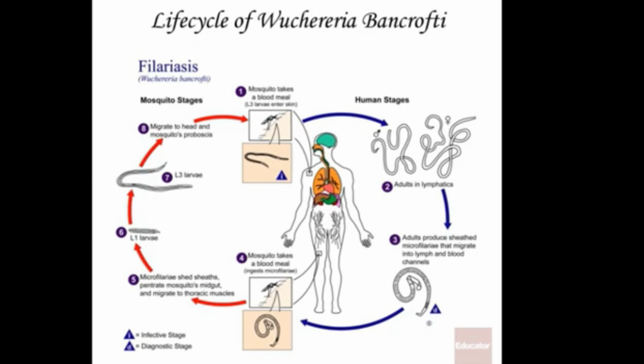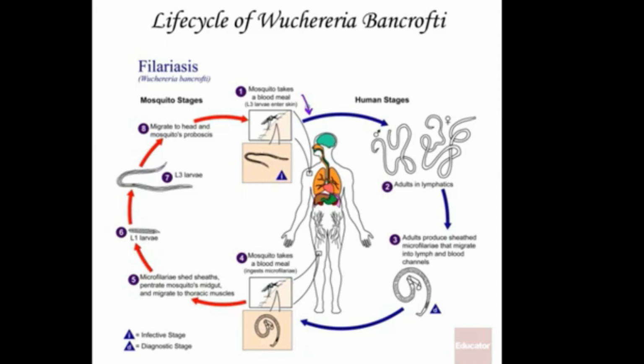And these larvae migrate to the head, and the proboscis, which is the appendage that actually pierces the skin, and these larvae enter the skin at that stage. So previously I had said the microfilariae, but that's not true.